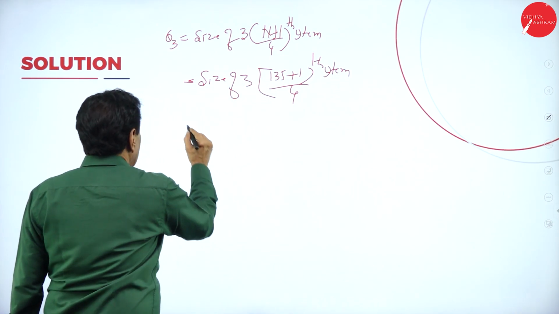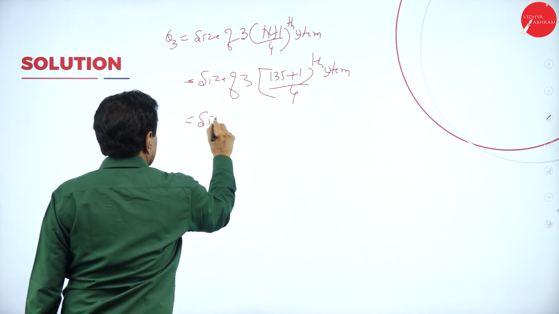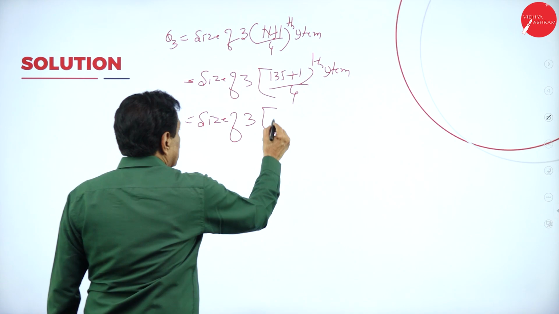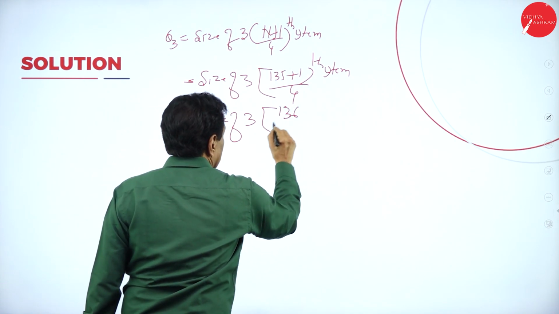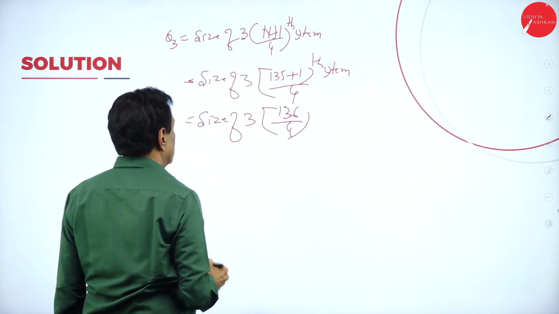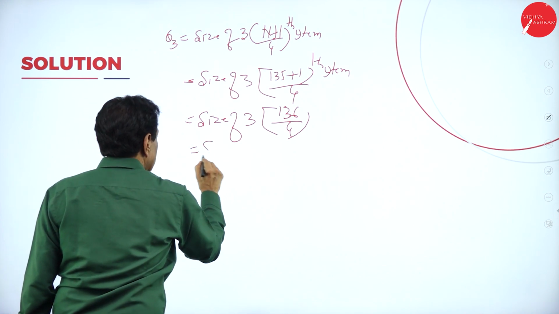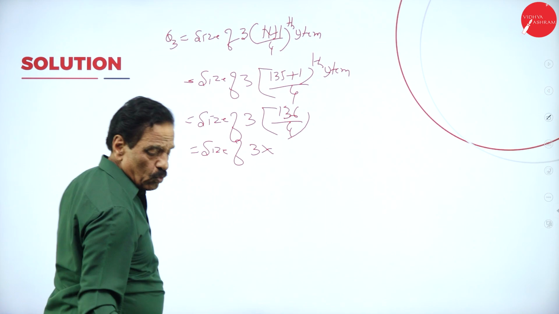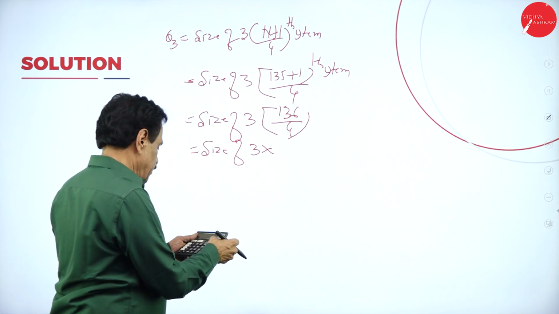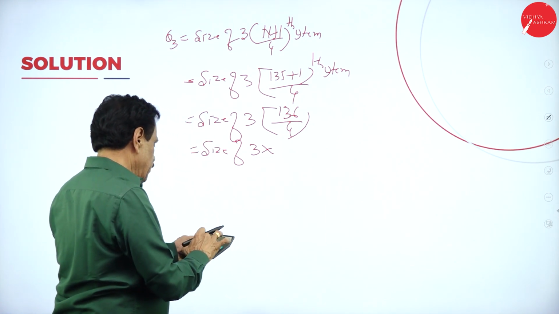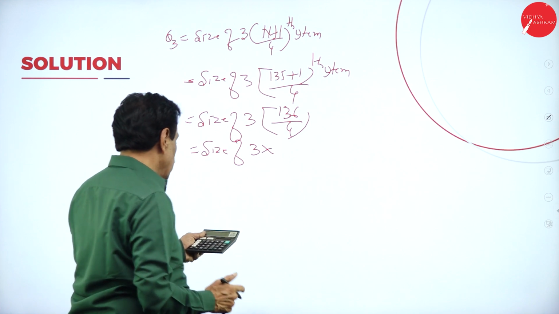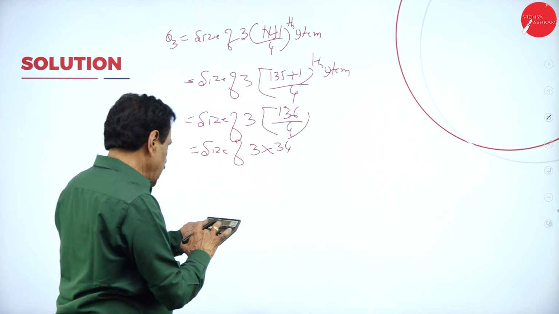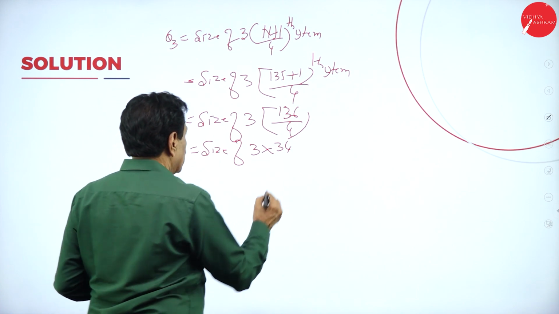This is size of 3 into 136 divided by 4, which is 34. 34 into 3, 102.